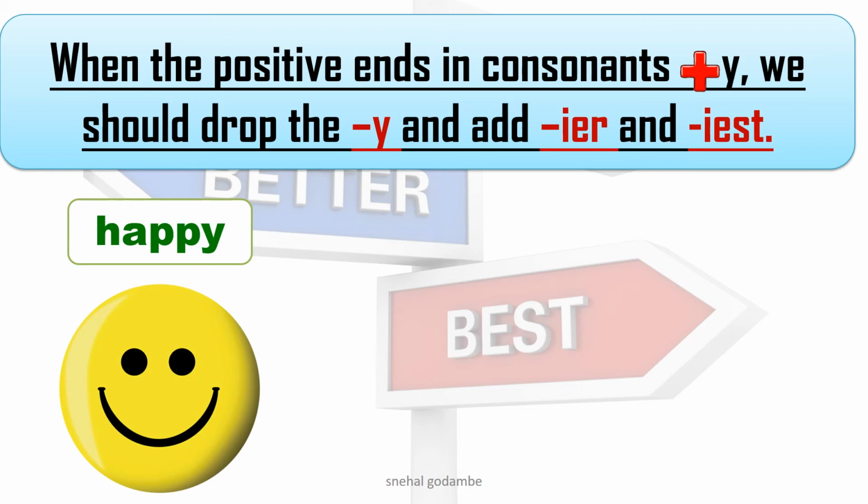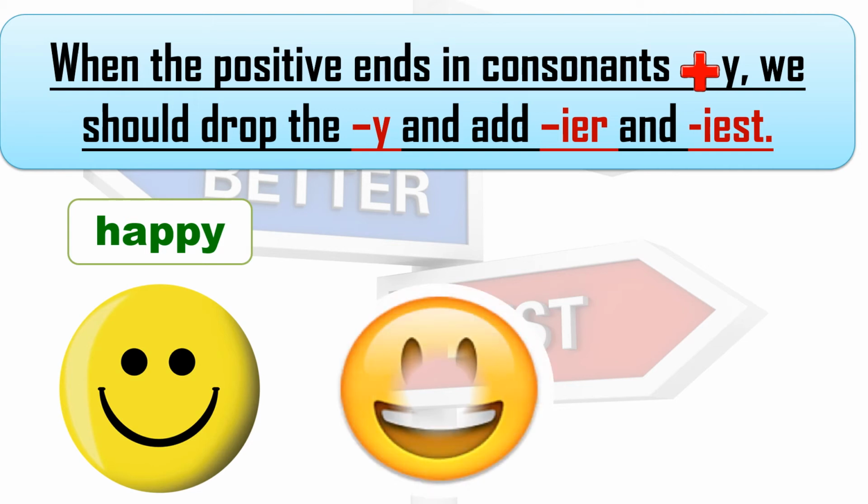Here P is a consonant, it is not a vowel, and at the end of that word is Y. So while forming comparative degree, how will we write it?